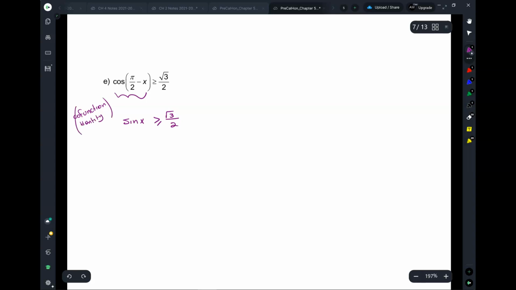Now, here's the biggie. For what values is sine greater than or equal to root 3 over 2? Well, let's see. Let's first figure out on the unit circle. Now, sine is the y-axis. Where is sine equal to root 3 over 2?